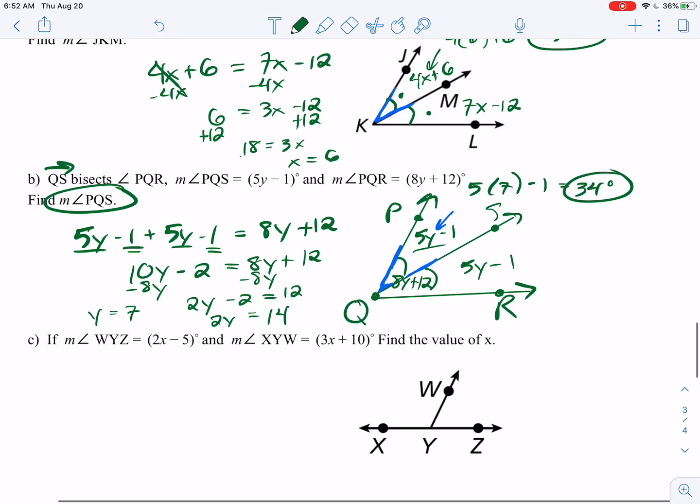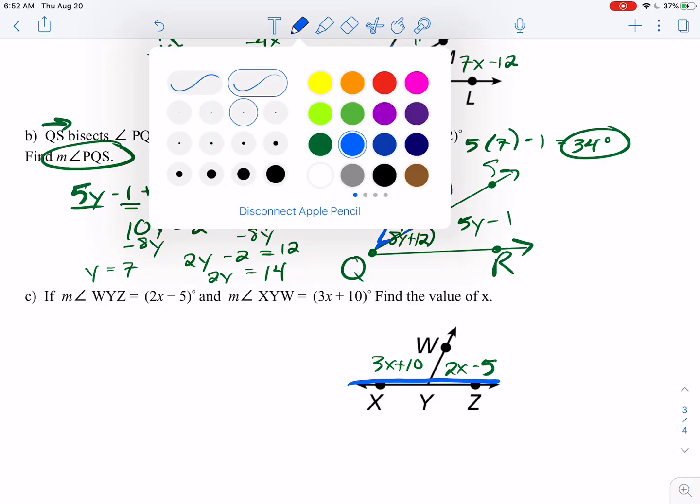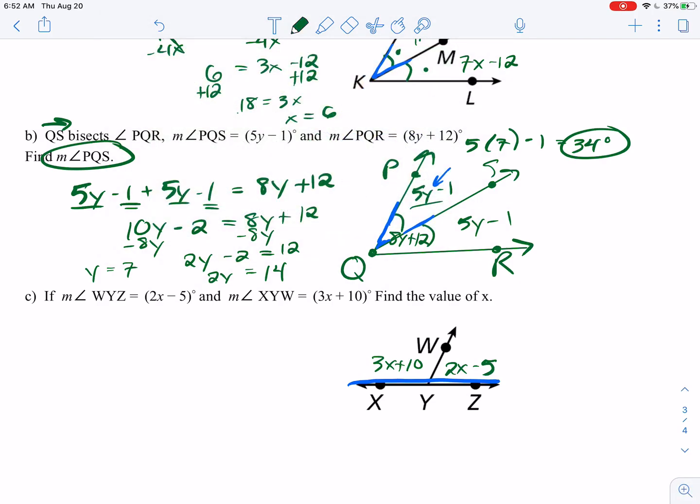Okay, last but not least, for C, angle WYZ is 2x minus 5, and XYW is 3x plus 10. Hopefully you remember our definition of a straight angle. It's an angle whose measure equals 180 degrees. So if these two angles make up a straight angle, we could say 3x plus 10 plus 2x minus 5 equals 180 degrees.